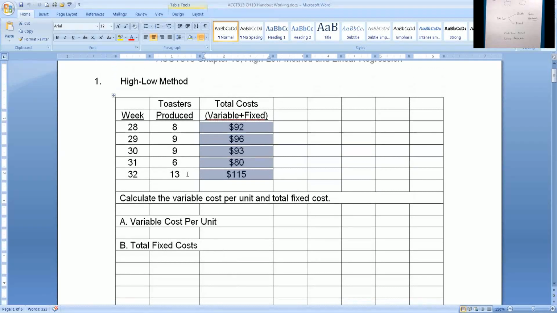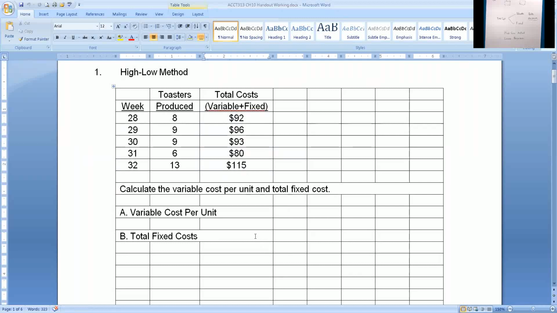So what we're going to try to do is use these total costs to come up with how much of it is variable and how much of it is fixed. Okay, so let's go ahead and get started.